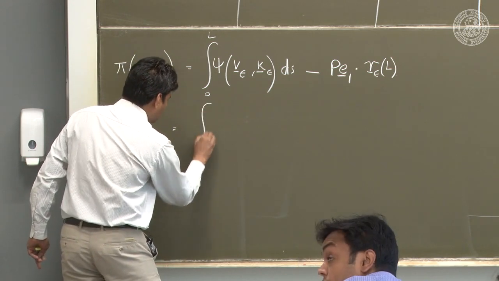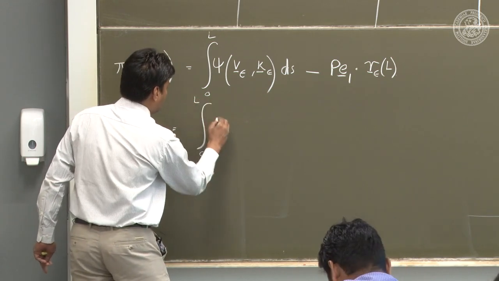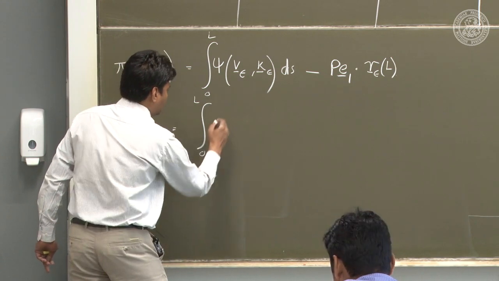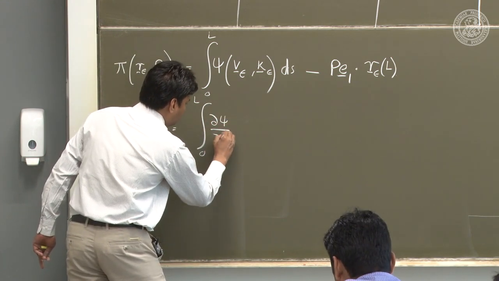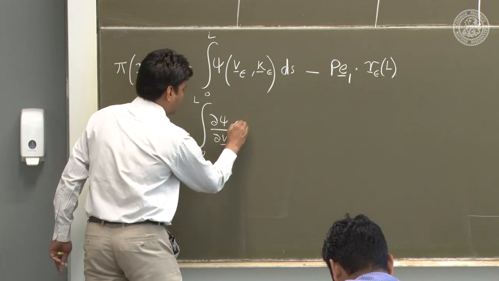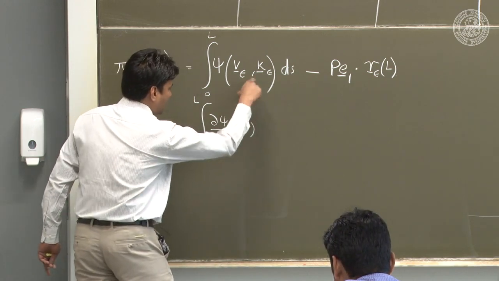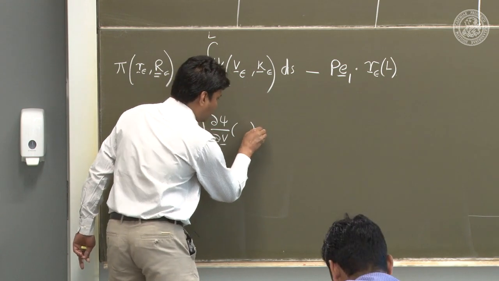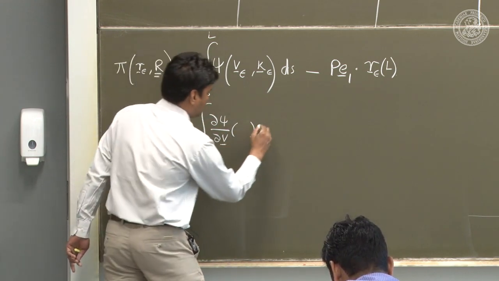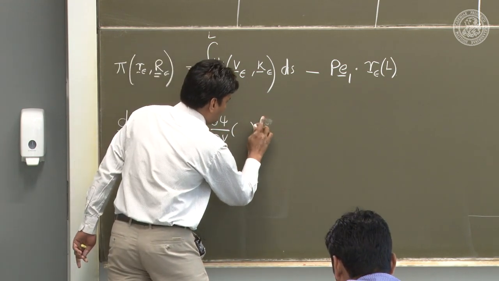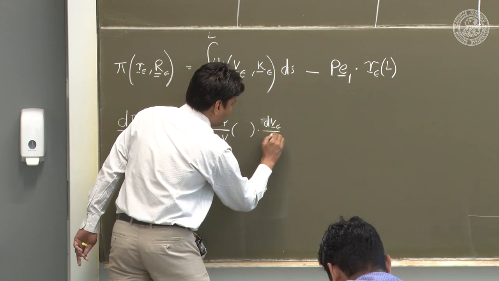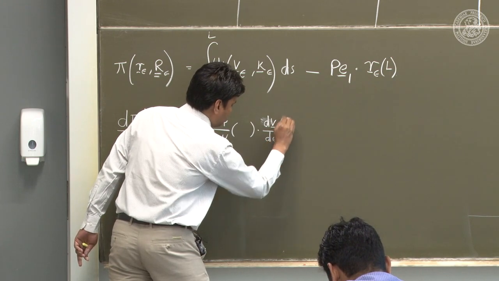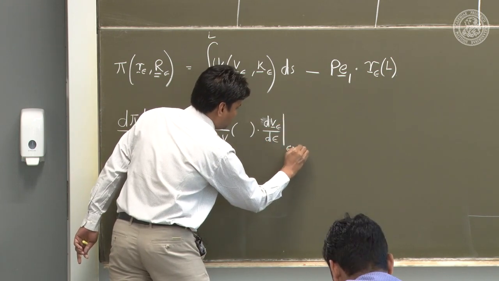So, when we look at it here, this is 0 to L. Now, we have to use the chain rule. So this becomes del psi over del V at these arguments dotted with dV epsilon over d epsilon at epsilon equal to 0.